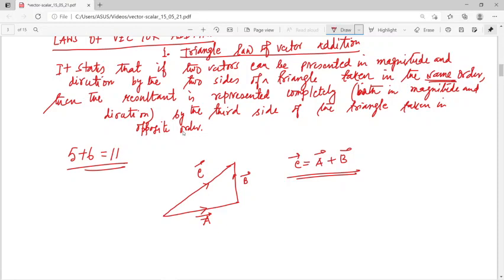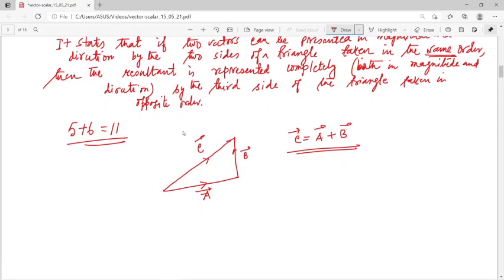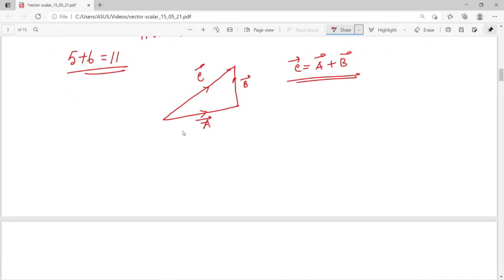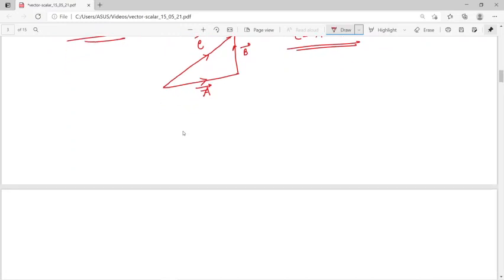But there is also another law, the parallelogram law of vector addition, and in the case of the parallelogram law there are also some analytical methods by which you can find the value. When we are dealing with the triangle law of vector addition, we are finding c equals a plus b.